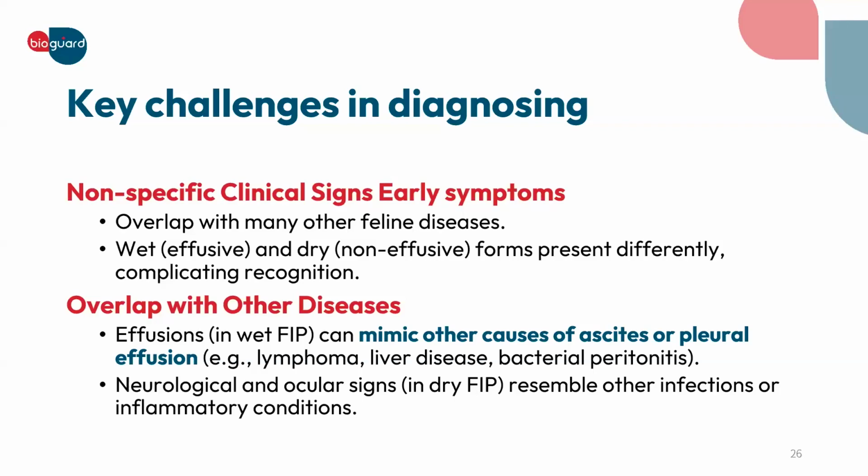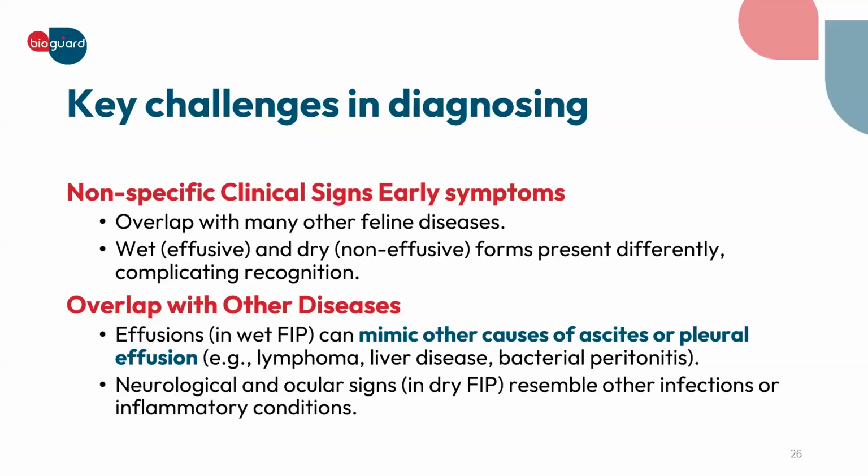These kinds of non-specific clinical signs in the early stage can be very confusing for a vet diagnosing FIP, especially when we talk about the wet form and the dry form, which present in completely different situations or with different kinds of symptoms in the early stage.